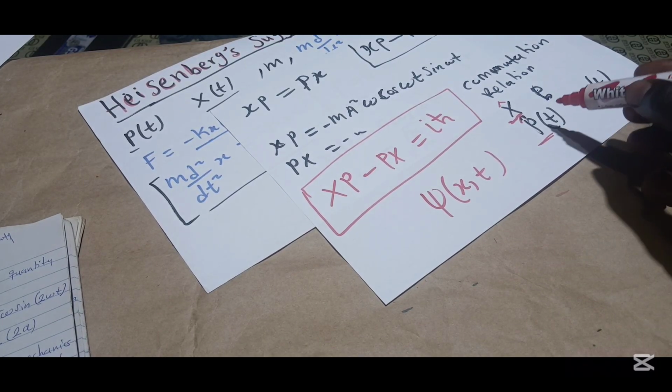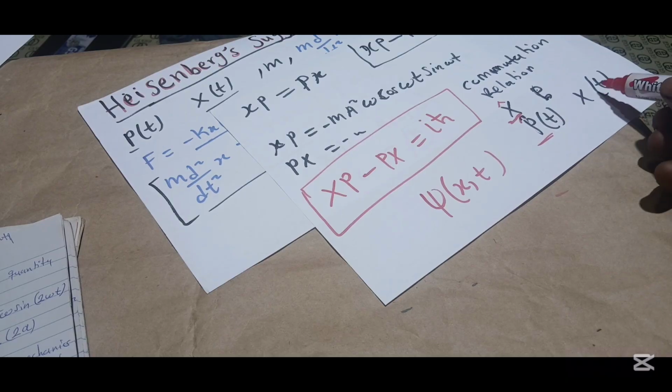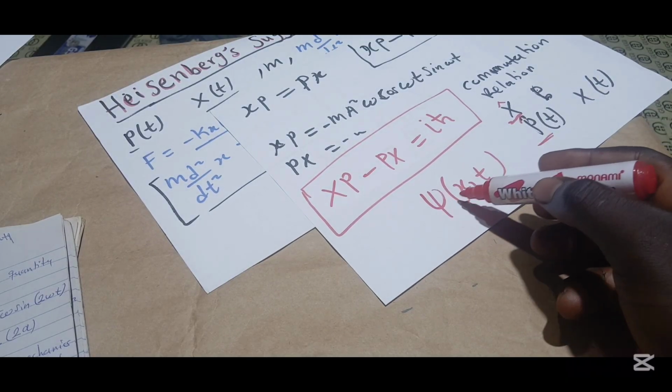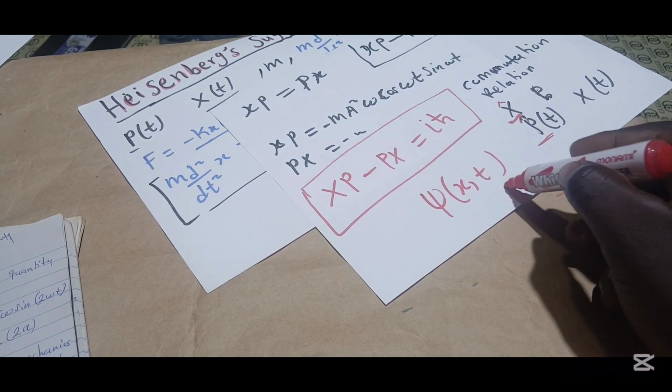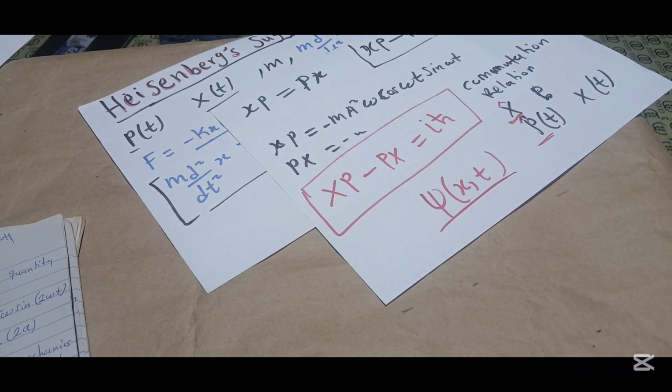So instead of p of t and x of t, we will have our wave function psi of x and t, because our wave function is going to help us assume the behavior of the particle that we are talking about, or the system.